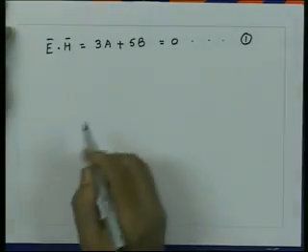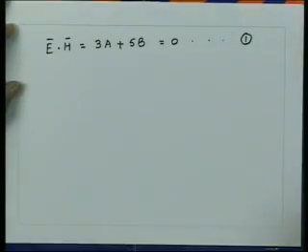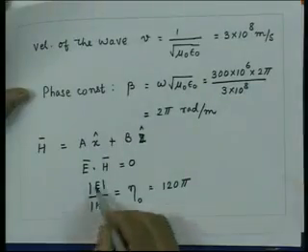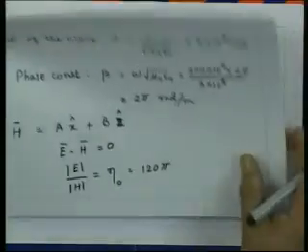The second equation which we get is the magnitude of the magnetic field is mod of E divided by eta 0.